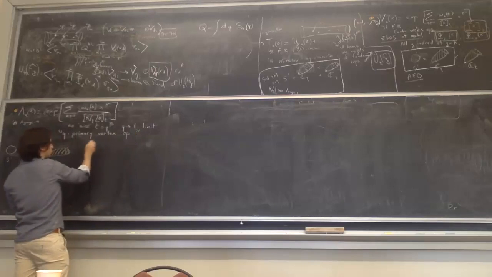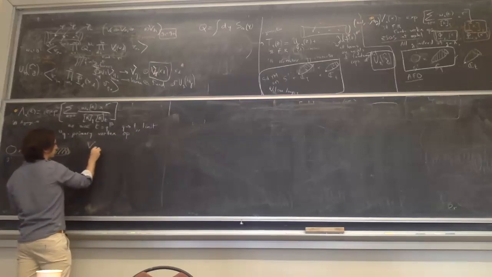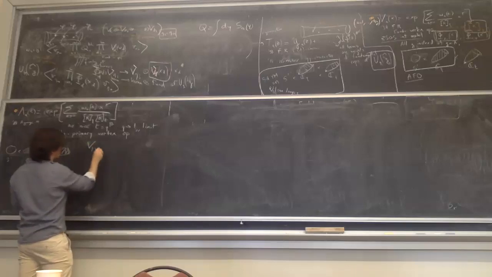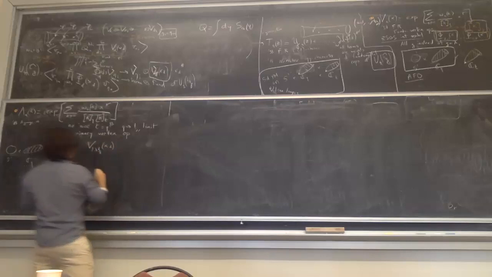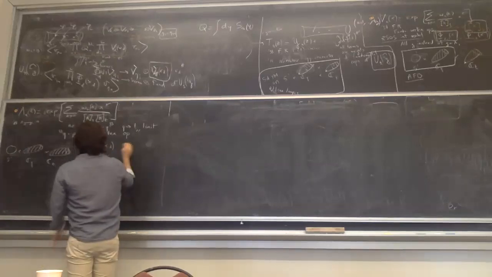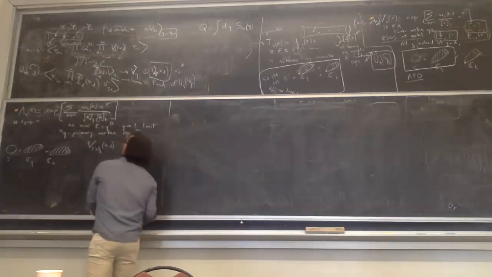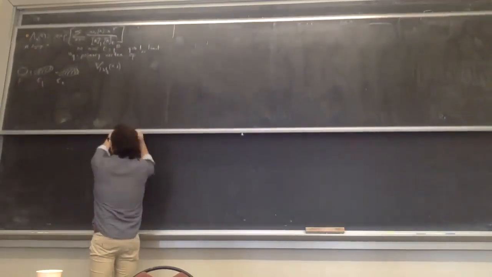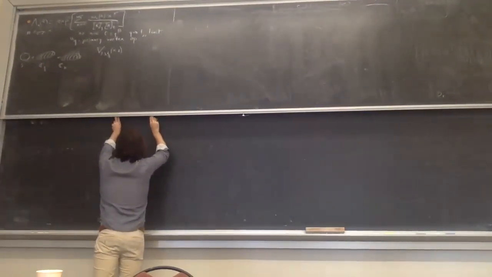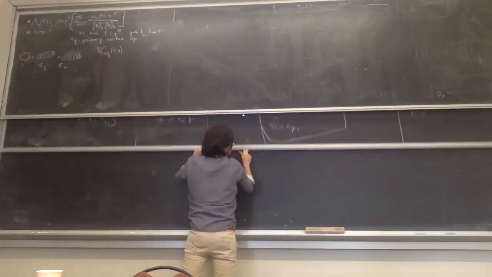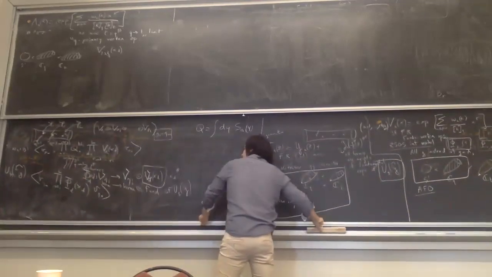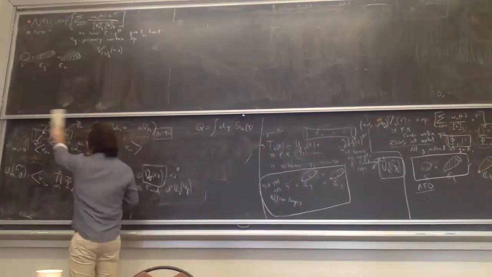So a Q primary vertex operator will look like V, and it will be labeled by a bunch of weights at x, d. And let me write it over there, it'll be easier. So it's the exact same story now.